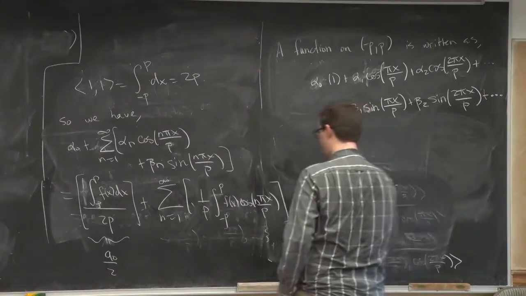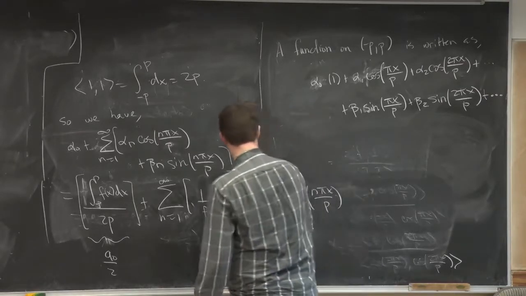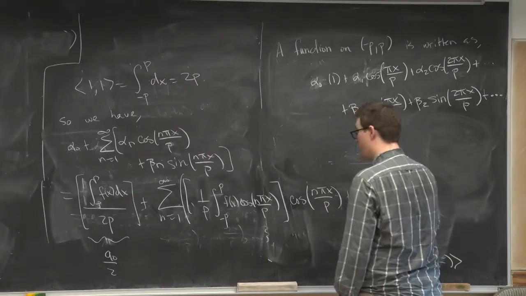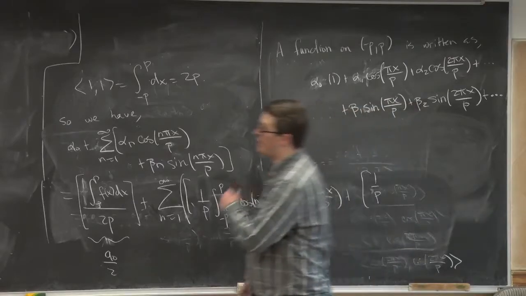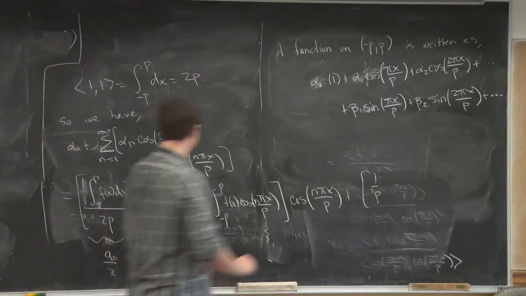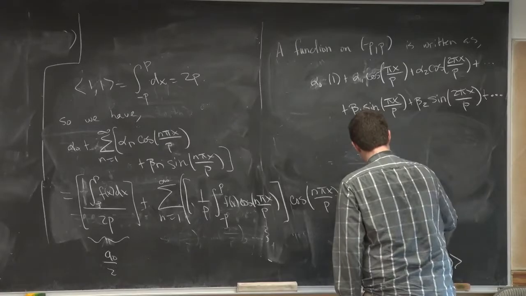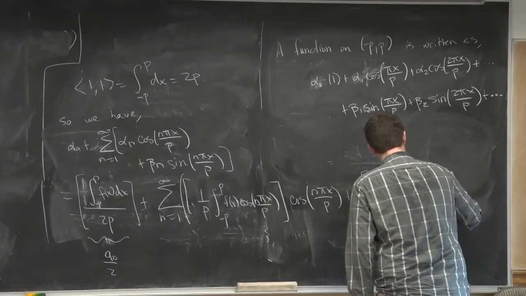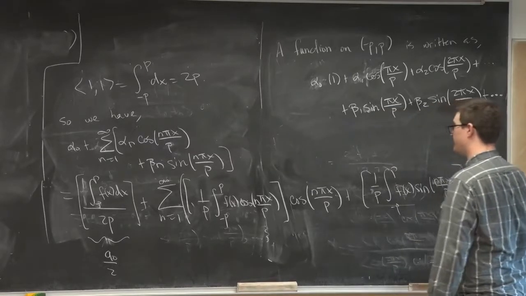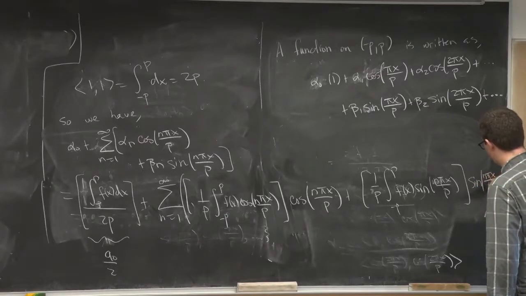Plus another integral, 1 over p, the integral from minus p to p of f of x times sine n pi x over p, like this.